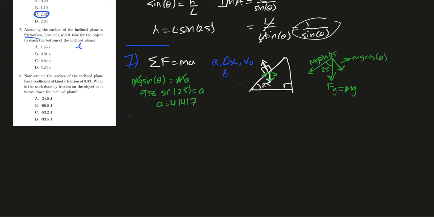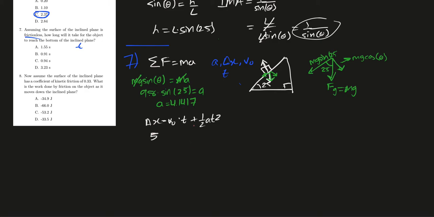So we should use the kinematic equation delta x equals v naught times time plus 1/2 a t squared. So delta x is equal to 5.